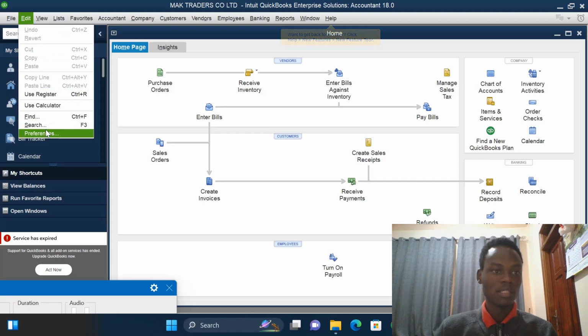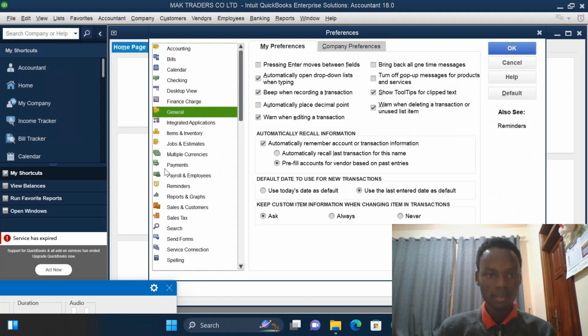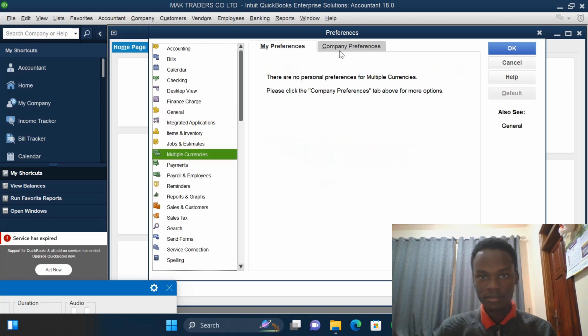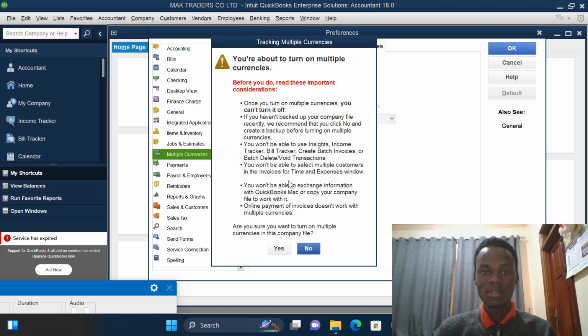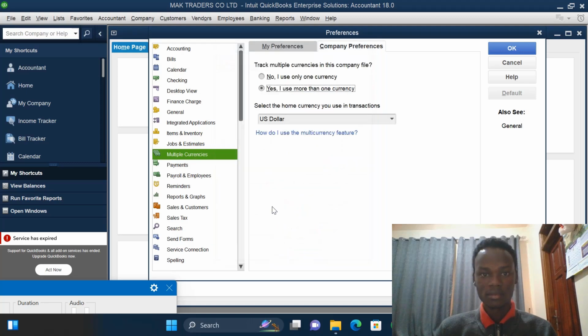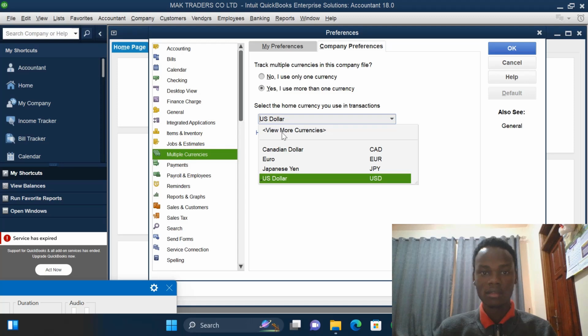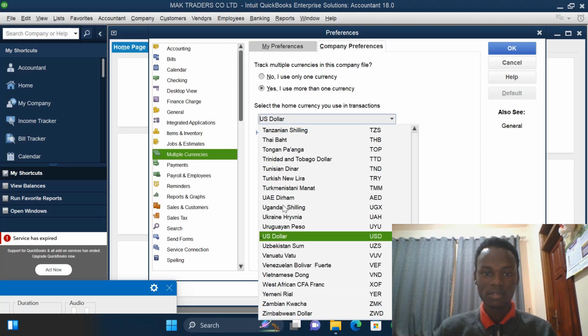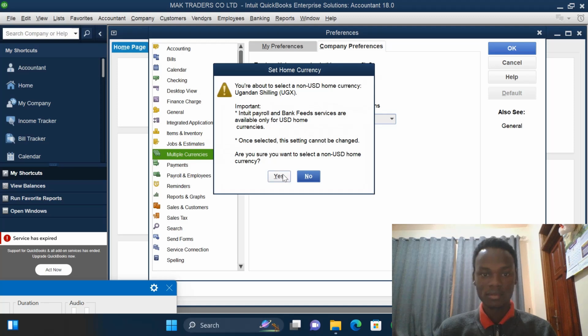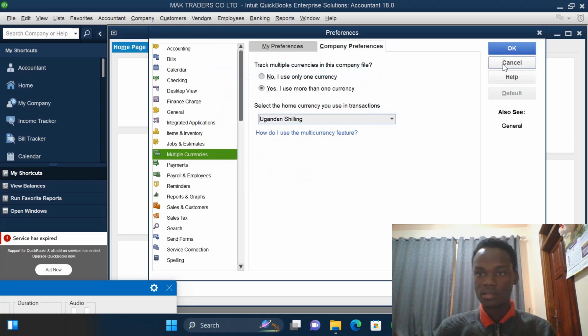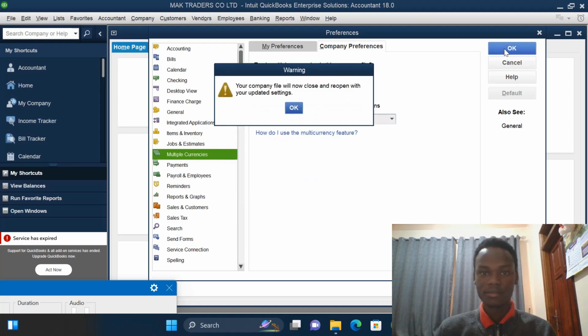So we go to Edit, Preferences, then Multiple Currencies. We come to our company currencies. We use more than one currency. So select here more currencies. We have Ugandan shillings here. We make it active. And so press OK.